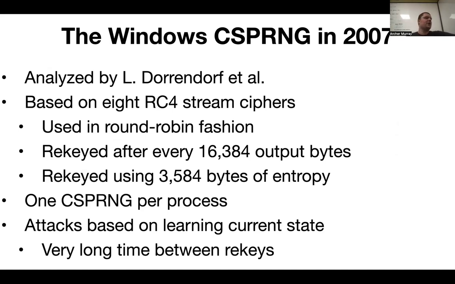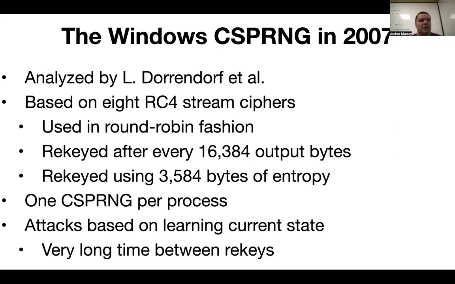Then they go back to the first. And after each RC4 has generated 16,384 bytes of output, a new key will be generated for them based on 3,584 bytes of entropy accumulated from various sources. And crucially, every process maintains its own CSPRNG state.